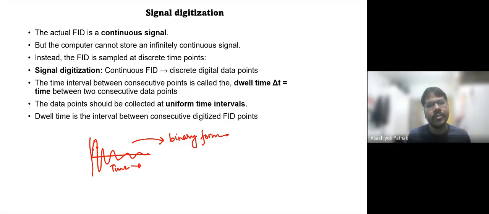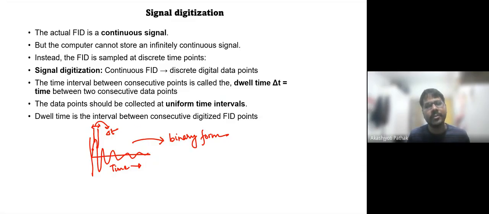So the time interval between consecutive points is called the dwell time, delta t. If you are capturing a signal at this particular time, and you are capturing a signal at this particular time, then the difference between these two time points is called delta t, or the dwell time. The data points should be collected at uniform time intervals. So what is dwell time?